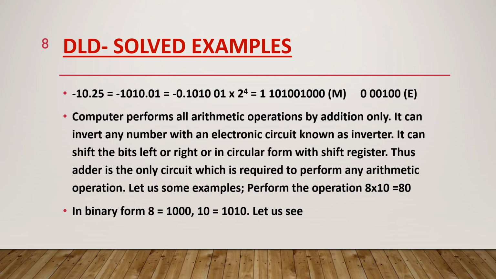Now if you see, minus 10.25 can be written as minus 1010.01, and that is equal to minus, now you take the decimal point to the left hand side, that is you move it by 4 positions.